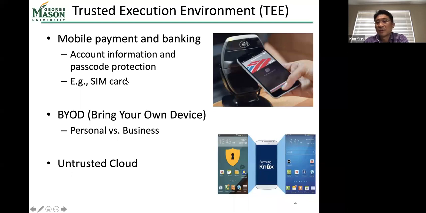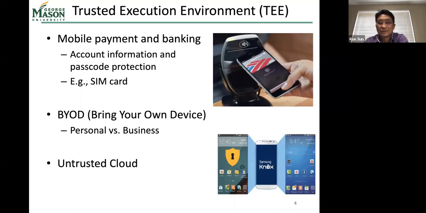are still secure. Another requirement for a TEE is that nowadays we have BYOD, bring your own device. It allows you to process both your personal data and business data, those applications, on the same hardware.